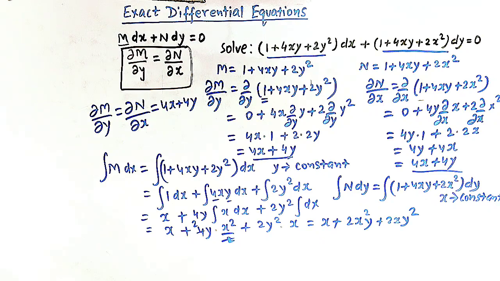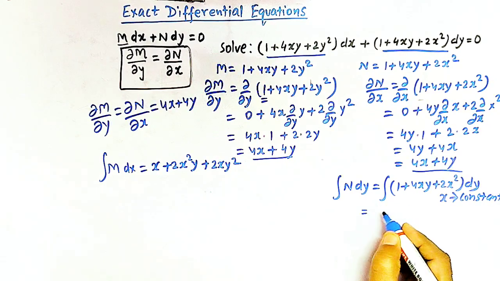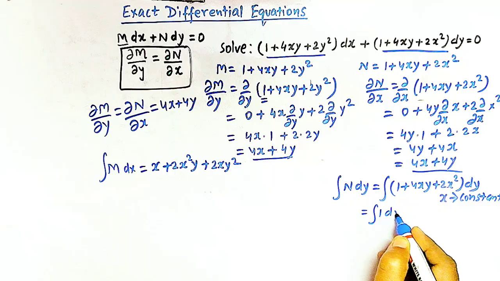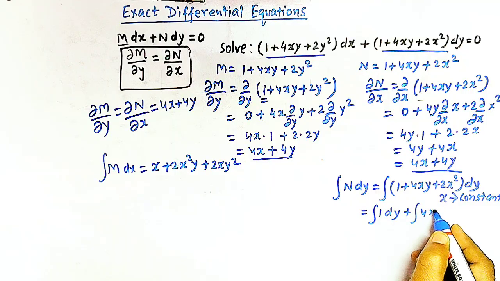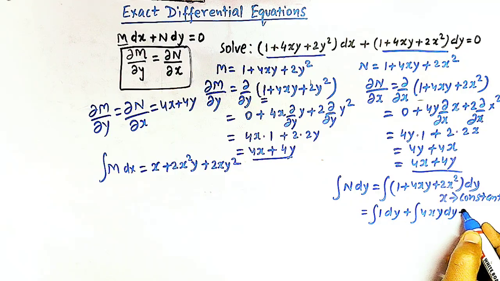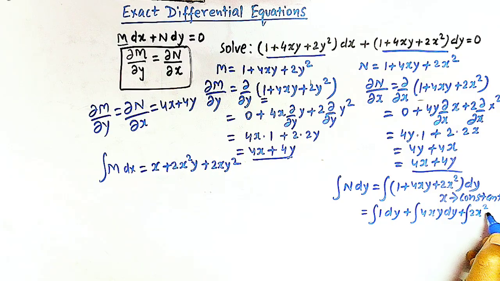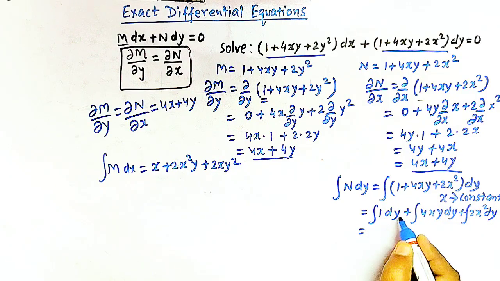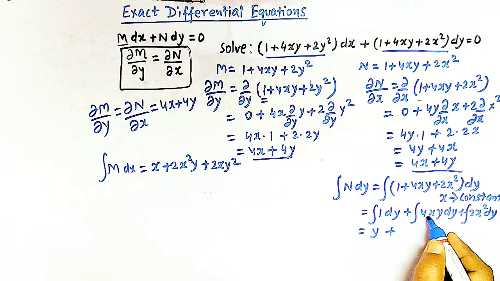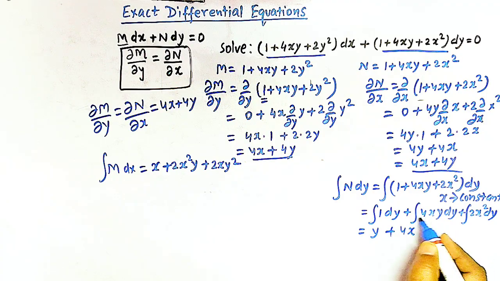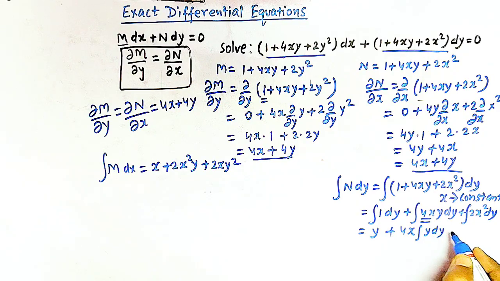So we have the integral of 1 dy, then the integral of 4xy dy, and the integral of 2x square dy. Here we have simply y; we can take 4x outside the integral, being constant, with y dy; and we can take 2x square outside the integral because it is a constant, with the integral of dy.